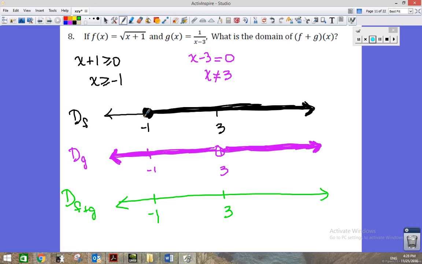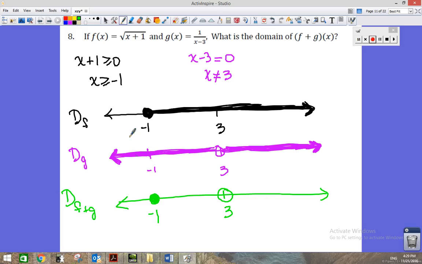So let's take a look at negative 1. Negative 1 is a member of the domain of f, and negative 1 is a member of the domain of g. So it is a member of the intersection, that is, a member of the domain of f plus g. Well, 3 is in the first one, but 3 is not in the second one, so 3 will not be in the domain of f plus g.